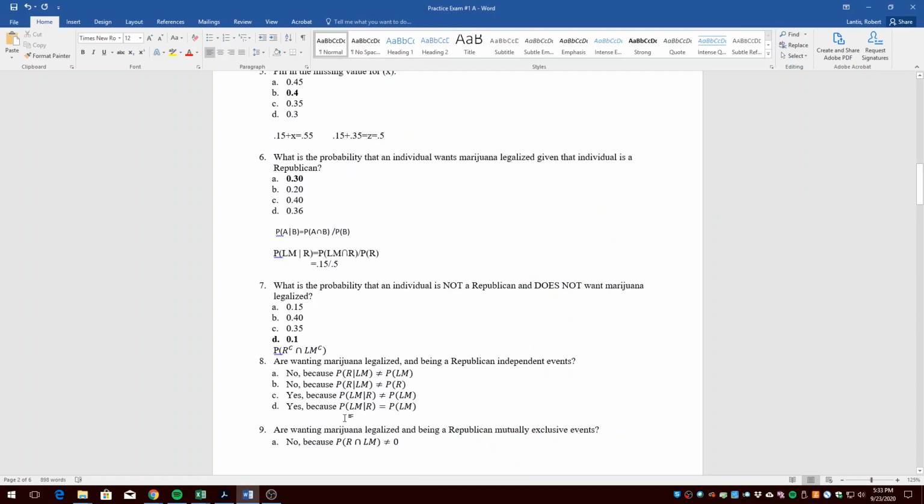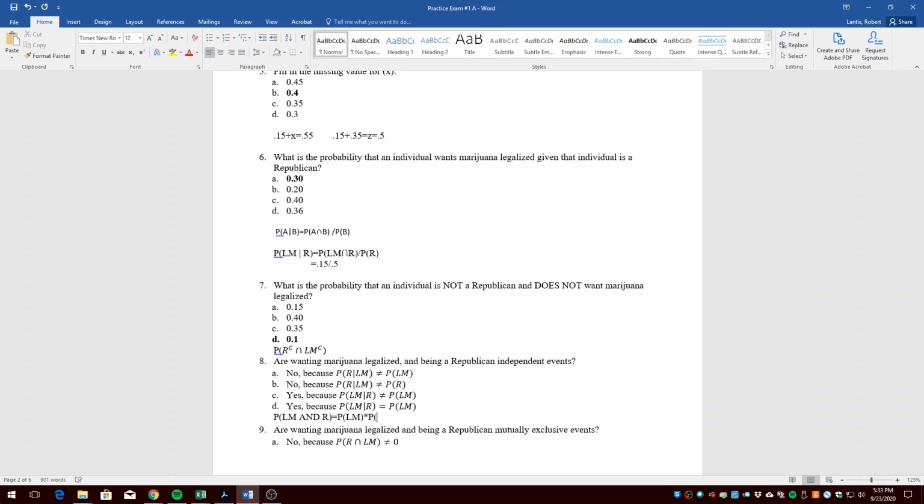Is the probability that wanting marijuana legalized, LM, and being a Republican, so I'll just write an and here, or I could have copy and pasted this intersection sign, and being a Republican, simply equal to the probability of each one of those events multiplied by each other?